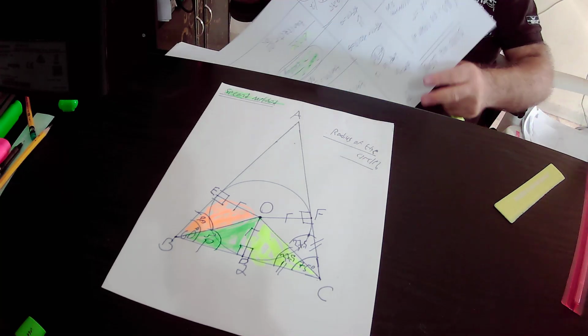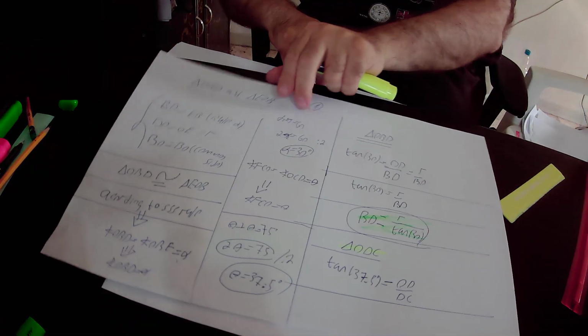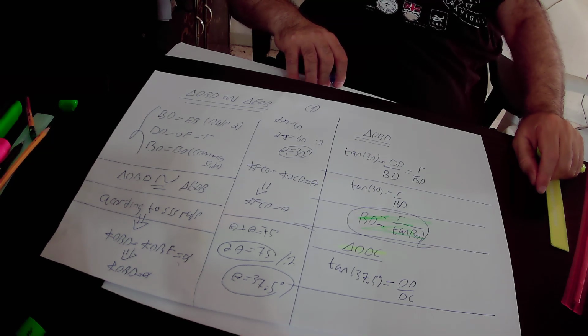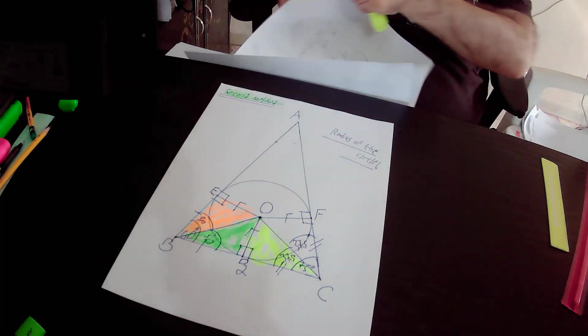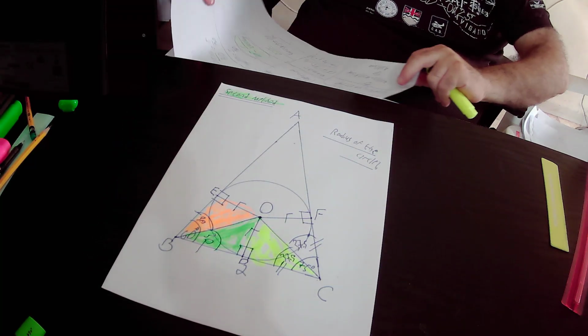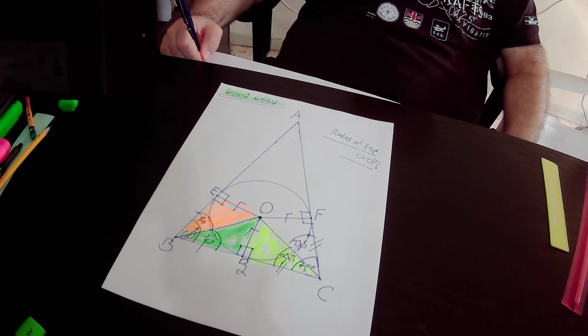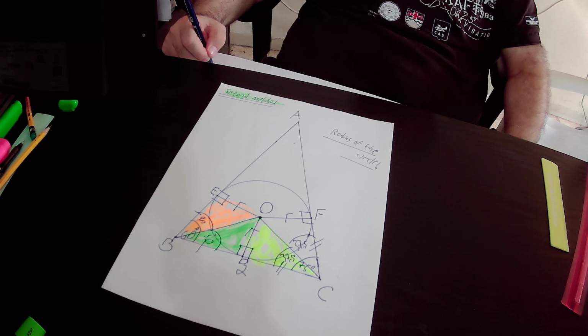I'll repeat again. In the yellow triangle ODC, tangent 37.5 degrees equals OD over DC. Here OD equals R, so we substitute OD by R. So tangent 37.5 degrees equals R over DC.